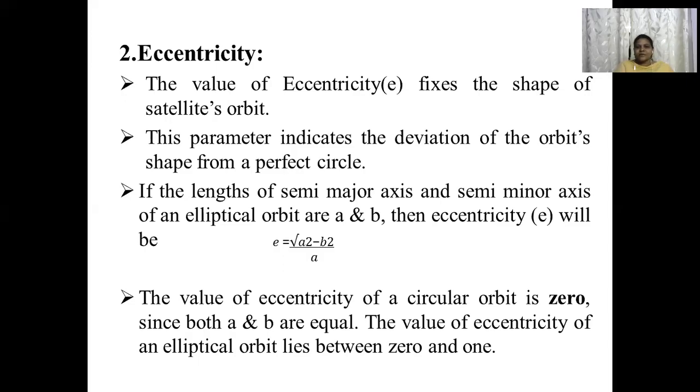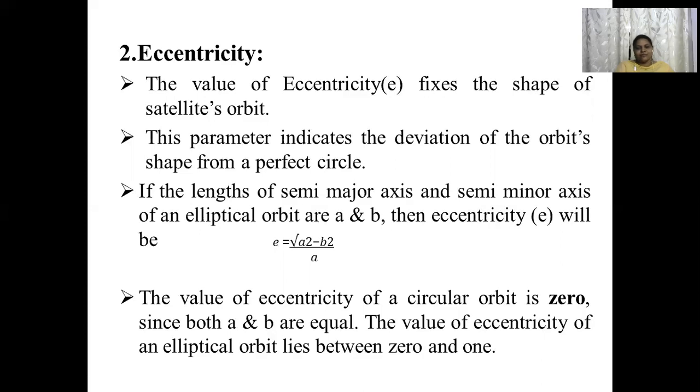If the length of semi-major axis and semi-minor axis of an elliptical orbit are represented with a and b, then the eccentricity is given by root over a square minus b square, divided by a. Already this formula I told previously. The value of eccentricity of a circular orbit is 0, since both a and b are equal.